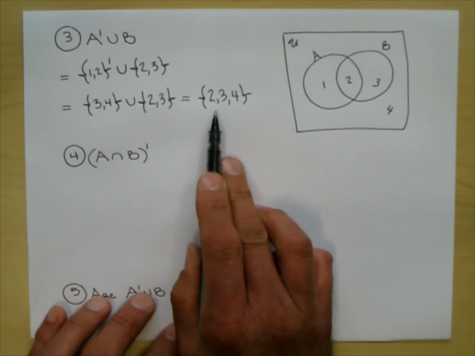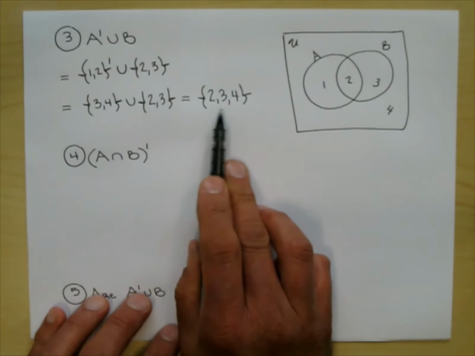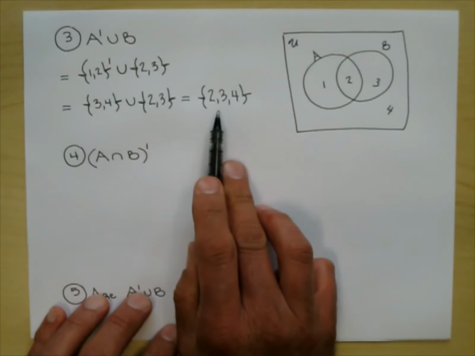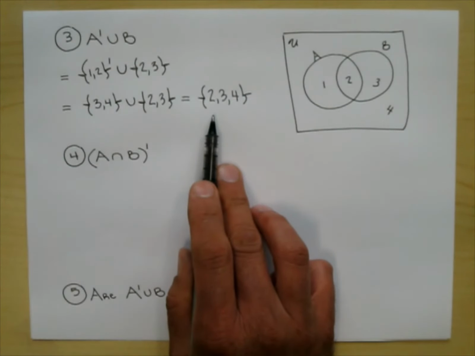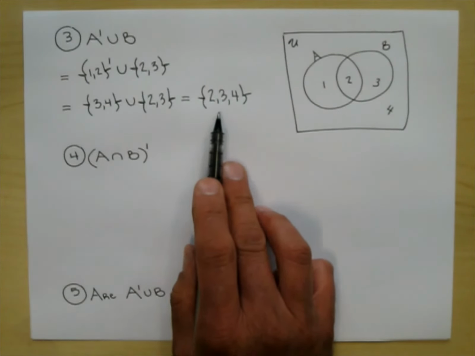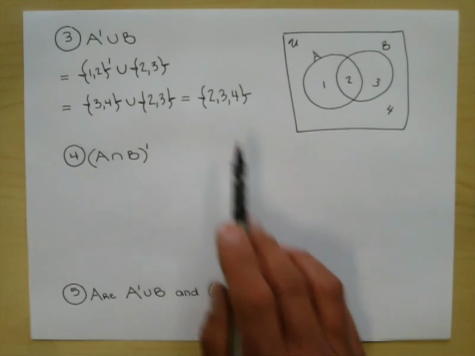Now we're not going to box the answer because the answer is not going to be this. It's drawing a Venn diagram. So what I'm going to do is I'm going to use this as a guide to tell me what I'm going to color.